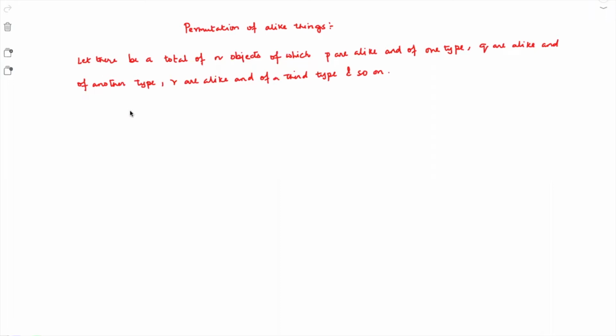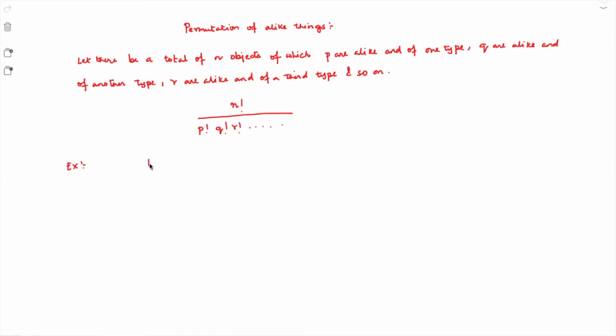Then the formula for finding out the permutation would be n factorial divided by P factorial, Q factorial, R factorial and so on, depending on how many objects are alike and of which type they are. I'll just give you one example to elaborate.